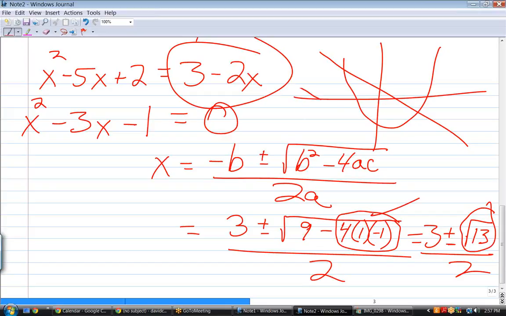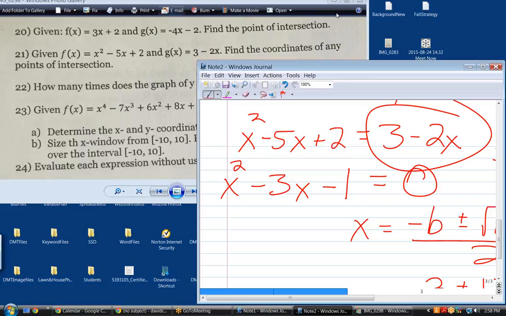So if it happened to be a tangent line like that, where it intersected, but only at one point, that can only happen if the discriminant is 0. And then it eliminates the plus or minus, and you'd only have 3 halves.